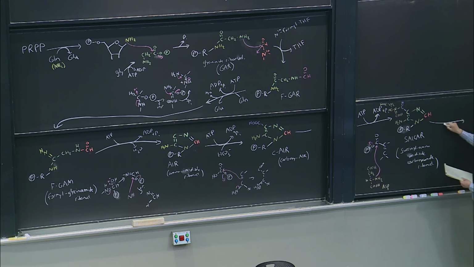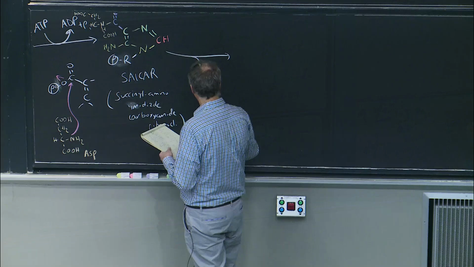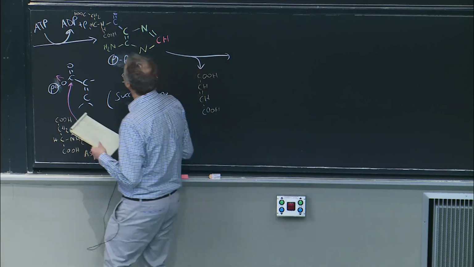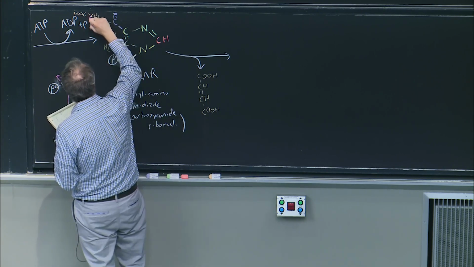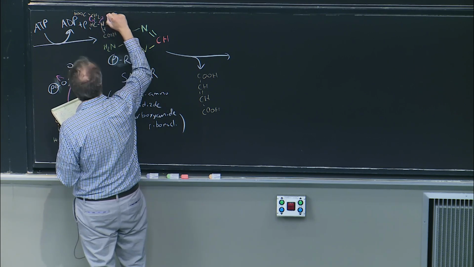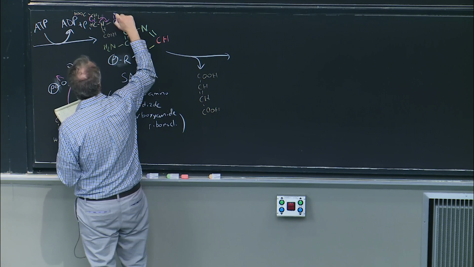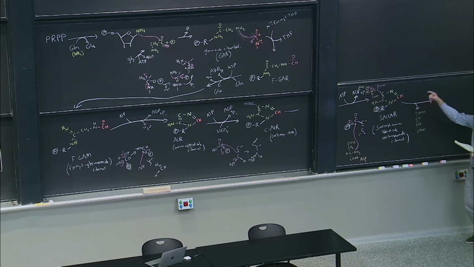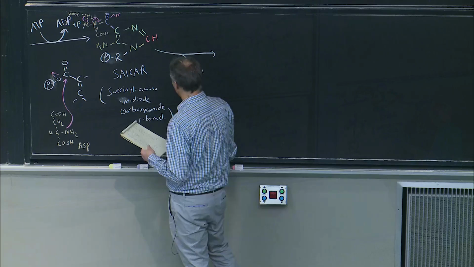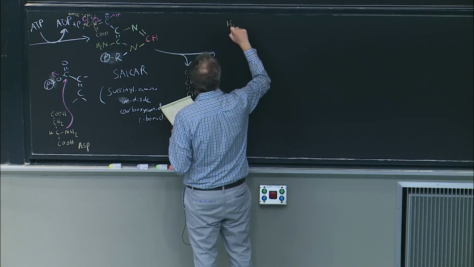Now, just as we saw then from the urea cycle, we are now going to take off a fumarate. So this is a reaction that you've seen before, just like we saw in the urea cycle. So that reaction, lose the fumarate, and what you're left with is basically just the nitrogen left behind.